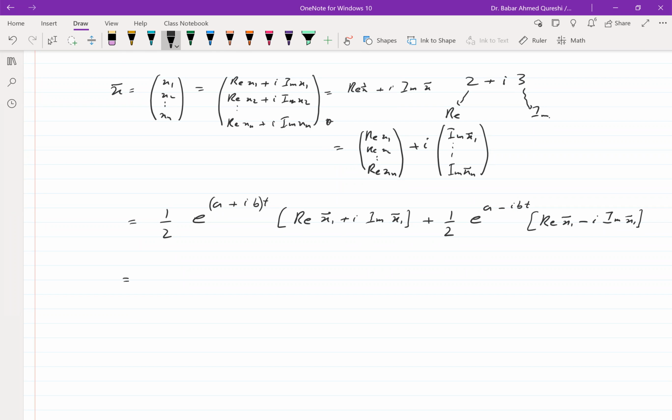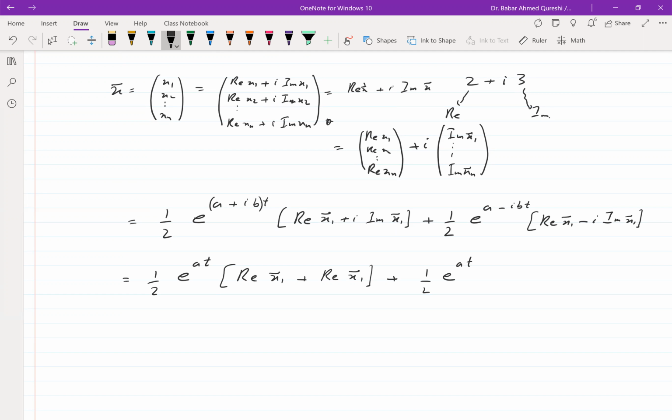So if I collect these, I take this common, I will have real part of x1 plus real part of x1, plus half e to the at.